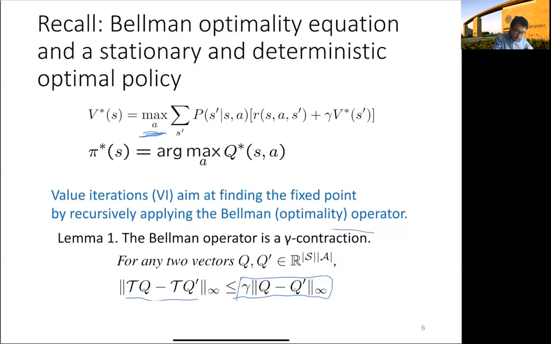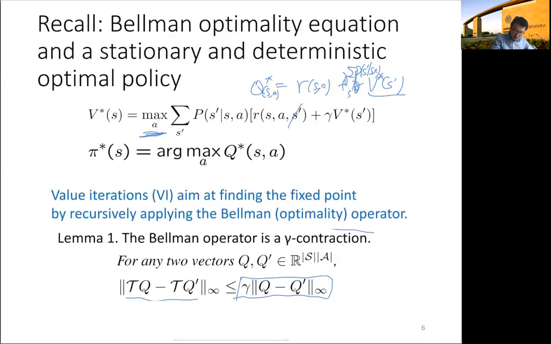So we can also write it as Q star of s, a is equal to r of s, a plus gamma times the summation over s prime of P of s prime given s, a times V star of s prime.